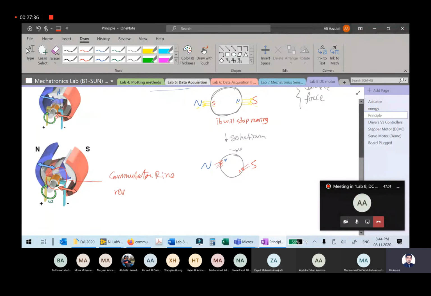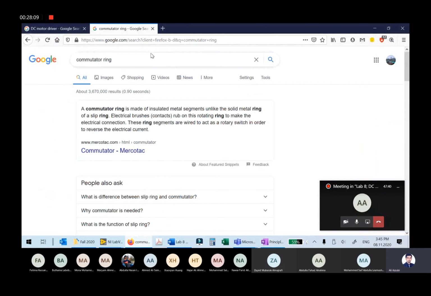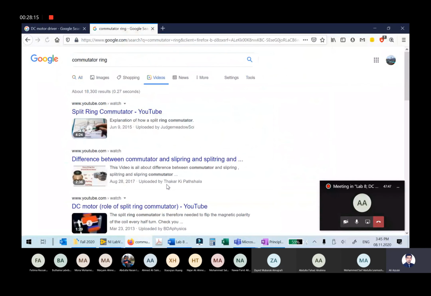What it does, it reverses polarity in order to keep the couple force or the torque. Okay, this is what you call commutator ring. All right. Let's see how they work and then state just a couple of definitions before our experiment. I've seen a couple of nice videos on YouTube.